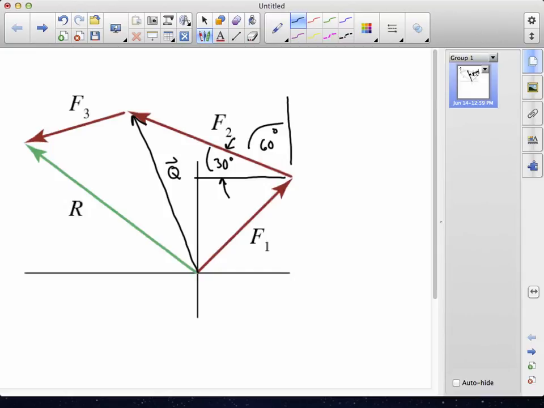It's also the case that F1 makes a 45-degree angle with the horizontal, and so the corresponding angle between F1 and the horizontal here is also 45 degrees. This tells us that the angle between F1 and F2 is 75 degrees, so I'll replace what I have here with that angle.